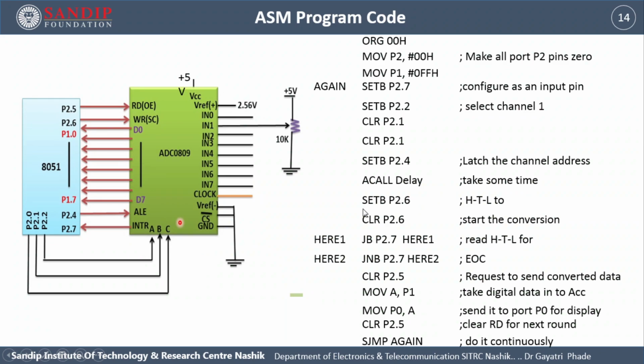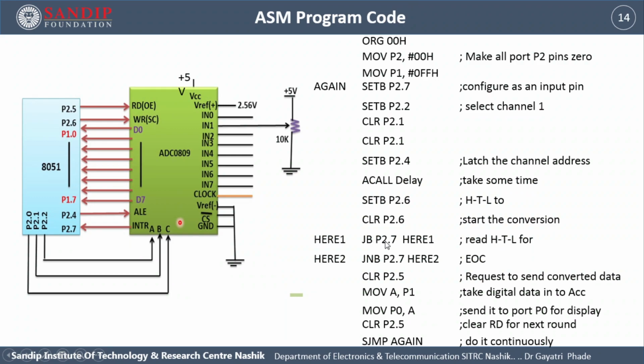After that, start of conversion on P2.6. How? By giving a high to low pulse here: SETB P2.6, CLR P2.6. By giving the high to low pulse, the start of conversion starts.